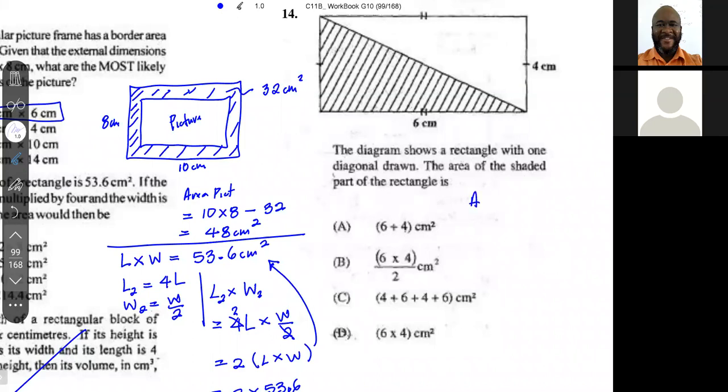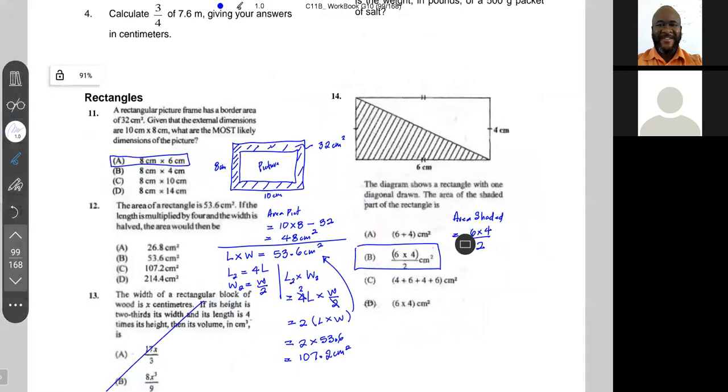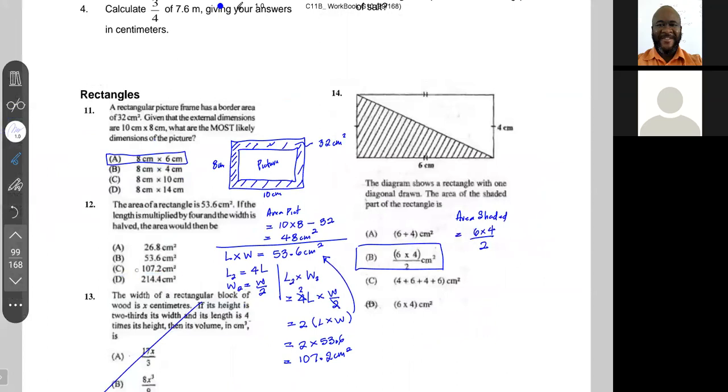So the area of the shaded region would be the length 6 times the width 4 divided by 2, because the shaded region is exactly half the area of the rectangle. The answer for this is B, and the answer for 12 is C.